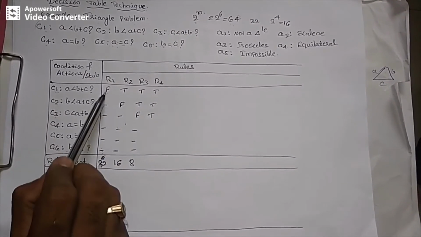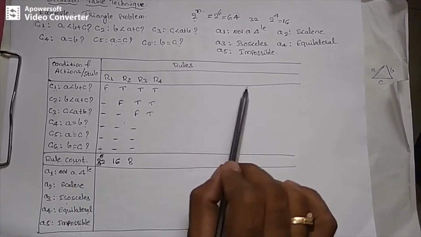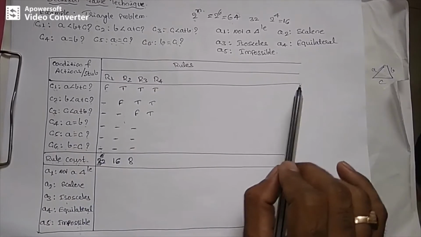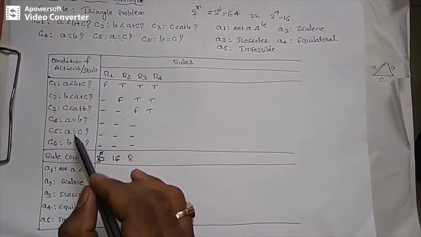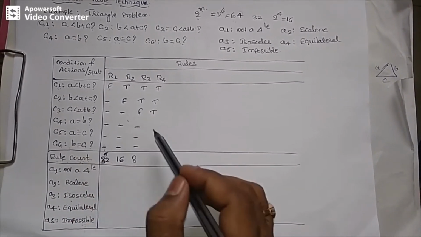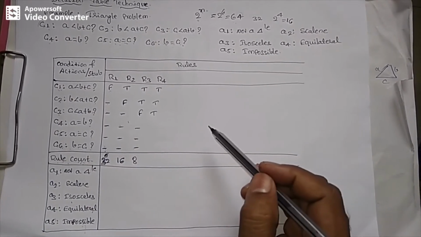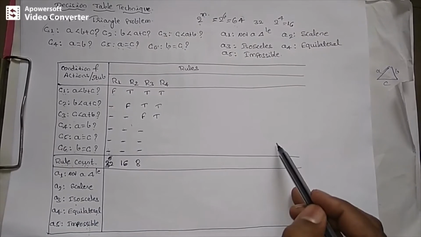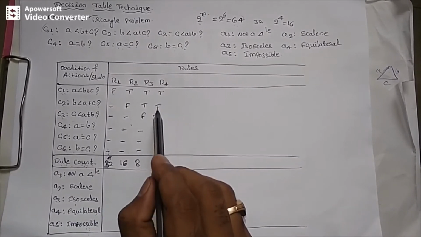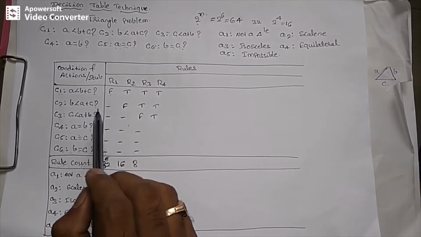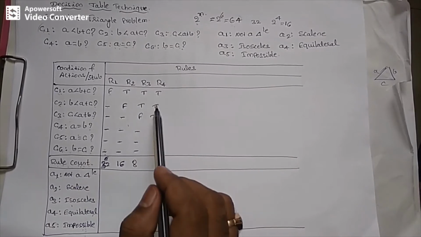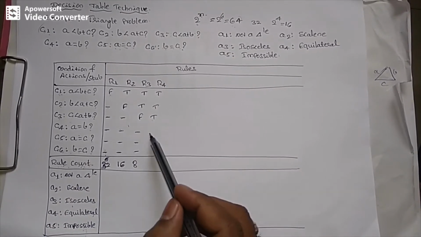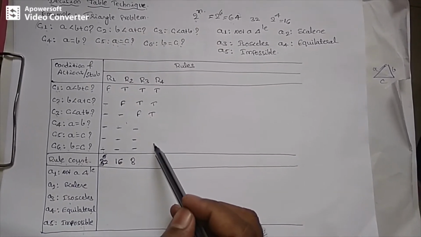Now 3 times we have done false. Next time these 3 conditions should be true. Only then can C4, C5, C6 be checked for whether it is possible to form a triangle. When all the conditions are true, it indicates that it is possible to form a triangle. Once it is possible to form a triangle, I need to identify what type of triangle it is.